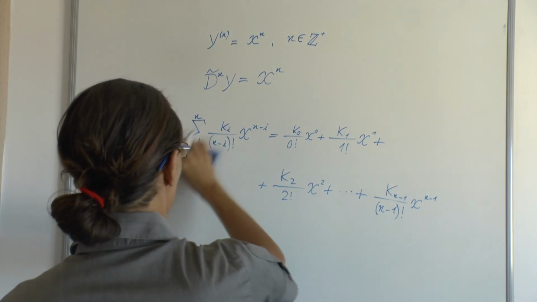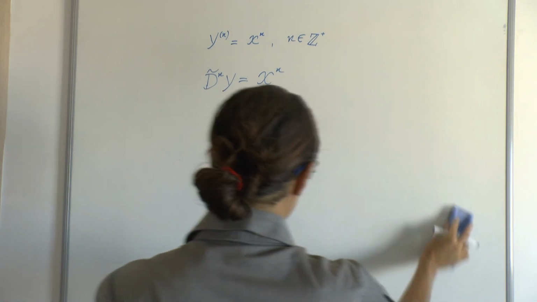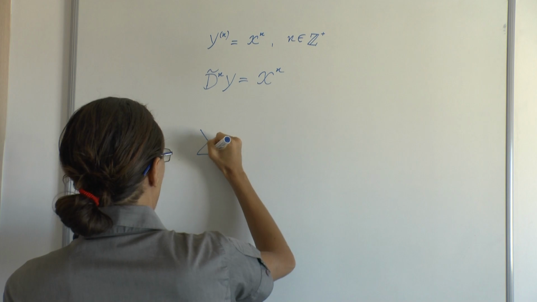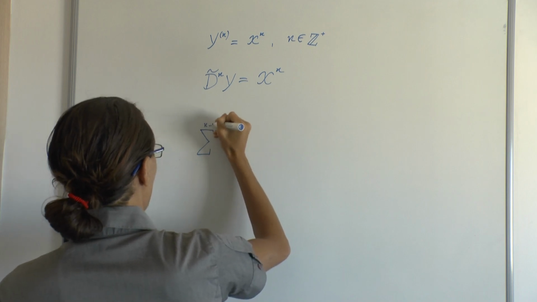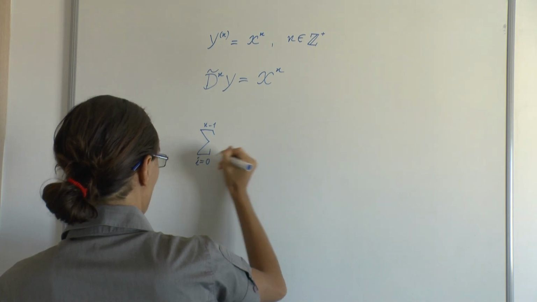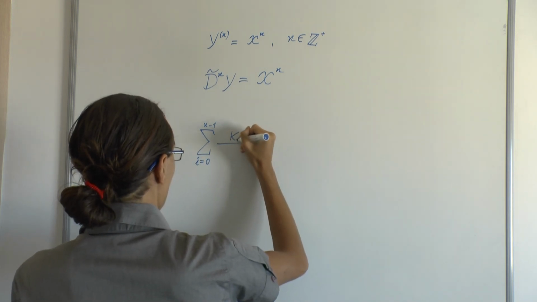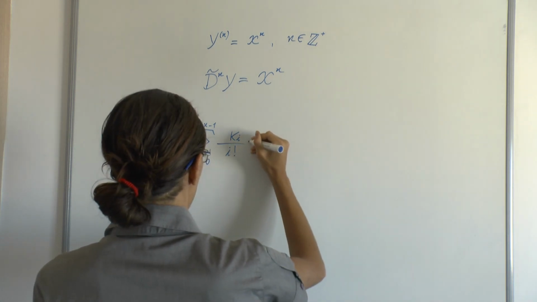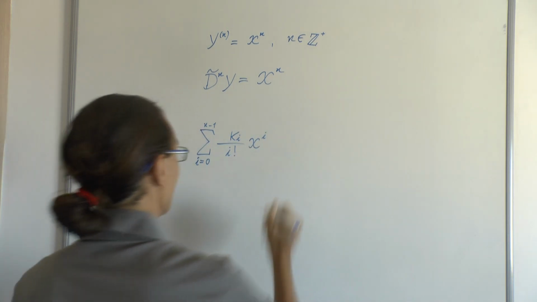But we can then rewrite this. So we're starting with the k0, so we will have a sum up to n minus 1 now, from i equals 0, of k_i over i factorial x to the i.